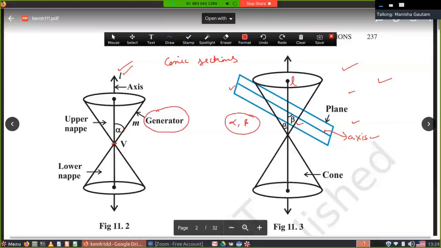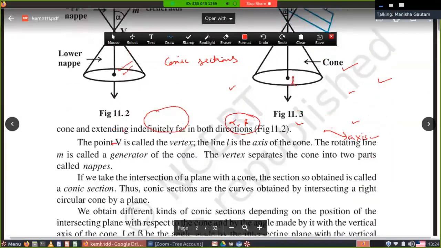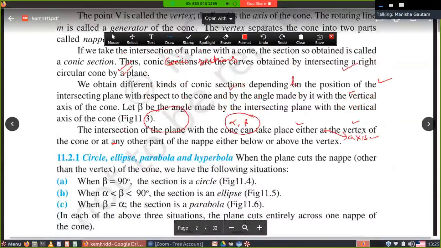These two angles have relations. The first condition which you have to remember: when beta is 90 degrees, then you are getting a circle.